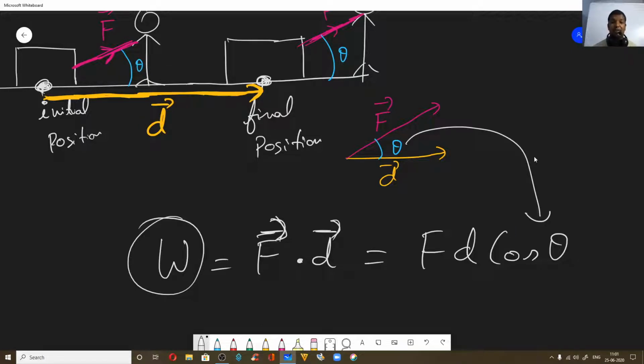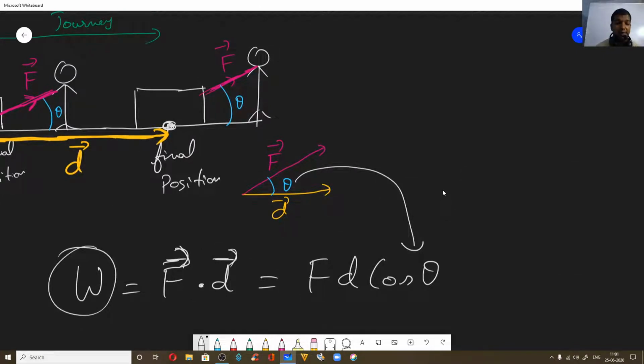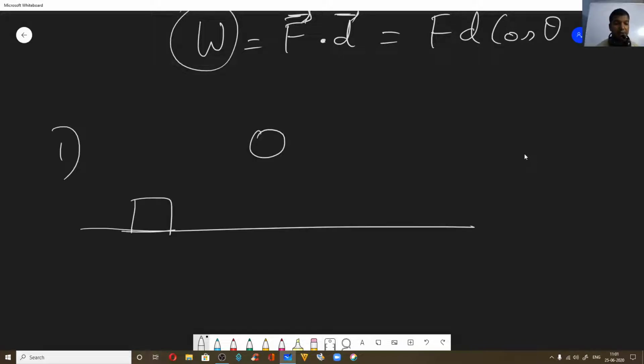Now let us take an example. Example number 1. This is a box and this is the ground.